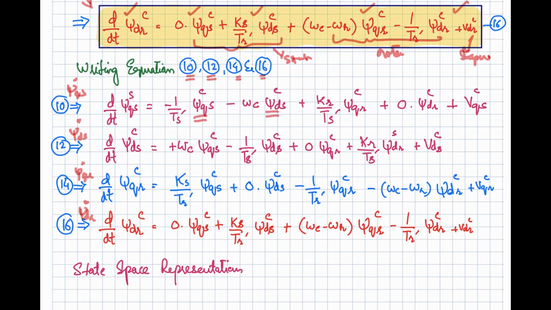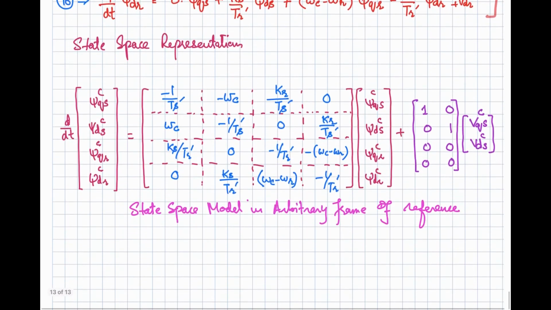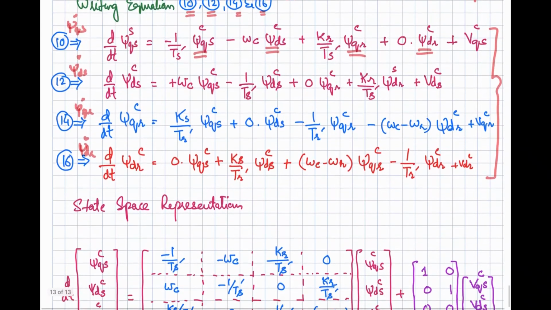So you can write these equations in terms of these flux linkages, and on the left hand side you have the rate of change of one of the state variables, that is the derivative of that one. So these four equations can be used to represent your induction machine in arbitrary frame of reference in terms of state space equation. So state space representation from these equations like that, right?